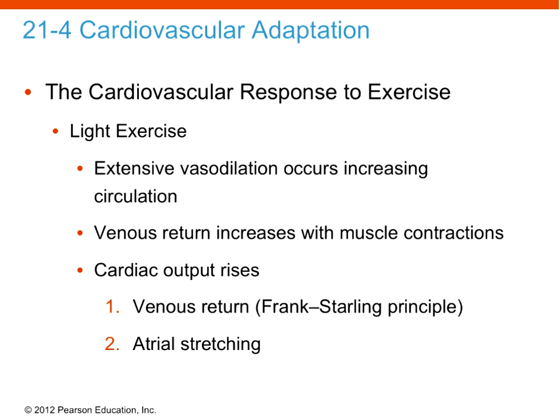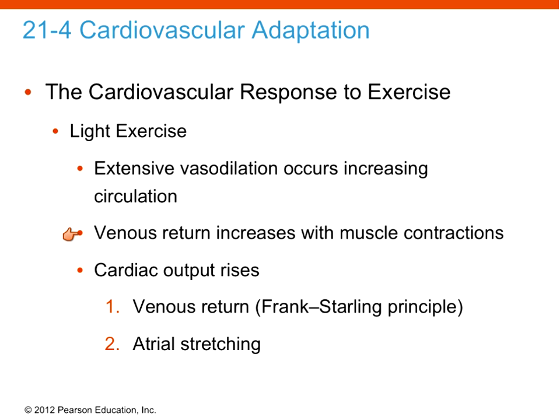At any rate, wherever you are for light or heavy exercise, the way that your cardiovascular system tends to respond is that in light exercise, you have a great deal of vasodilation that's happening because we want to increase the circulation of the blood that's going to your muscles. We want to increase the oxygen that's going there and the nutrients that are going there. The venous return is going to increase those. Venous return increases with muscle contractions because you're actually actively moving.